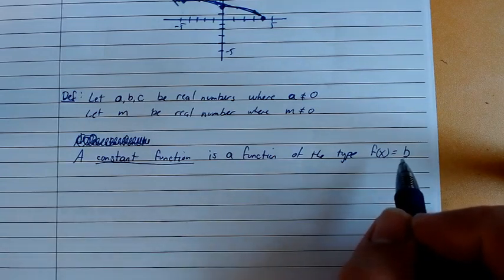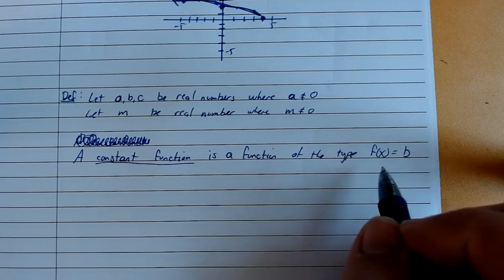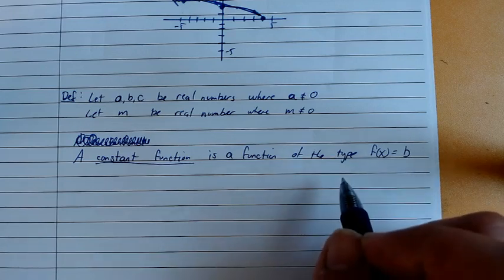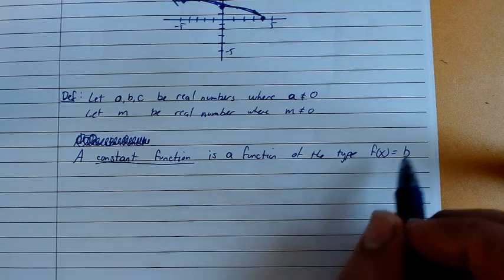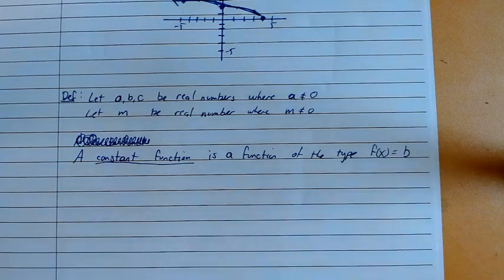So for example, f of x is equal to 12, f of x is equal to 9, f of x is equal to 0 if you like. The graph of any of these is going to be a horizontal line. Okay?